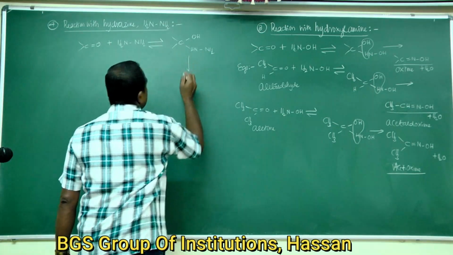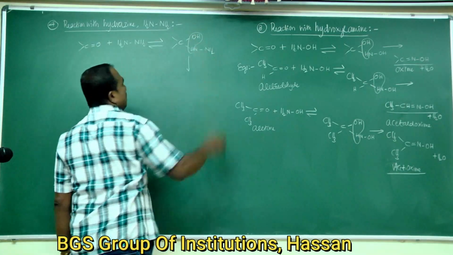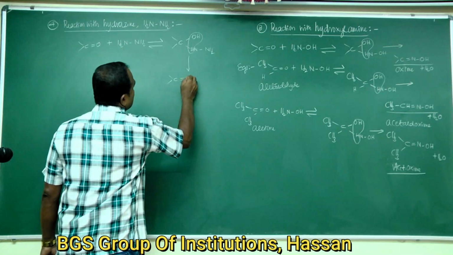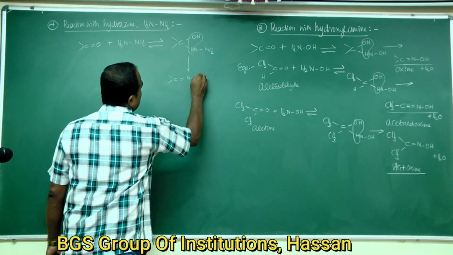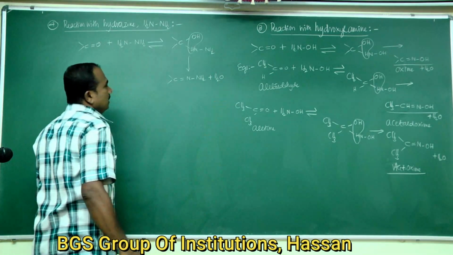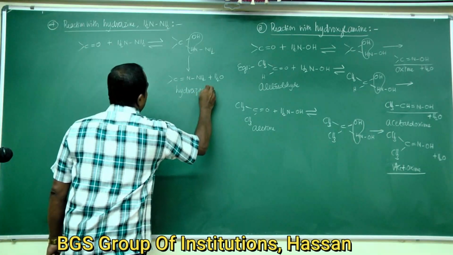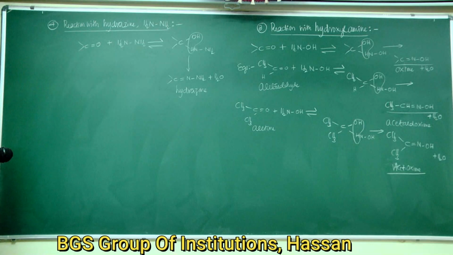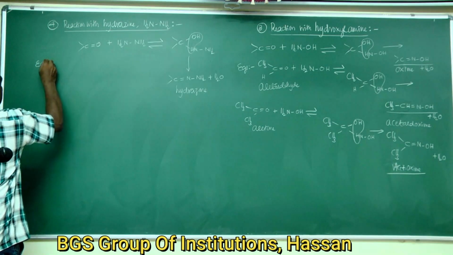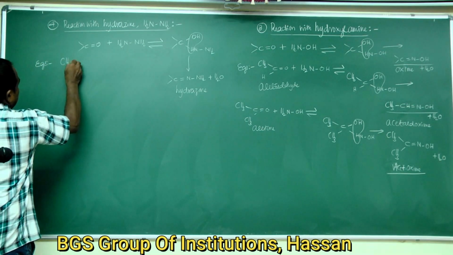Then dehydration, that is removal of a water molecule, gives C double bond N connected to NH2 plus H2O. This is hydrazone.